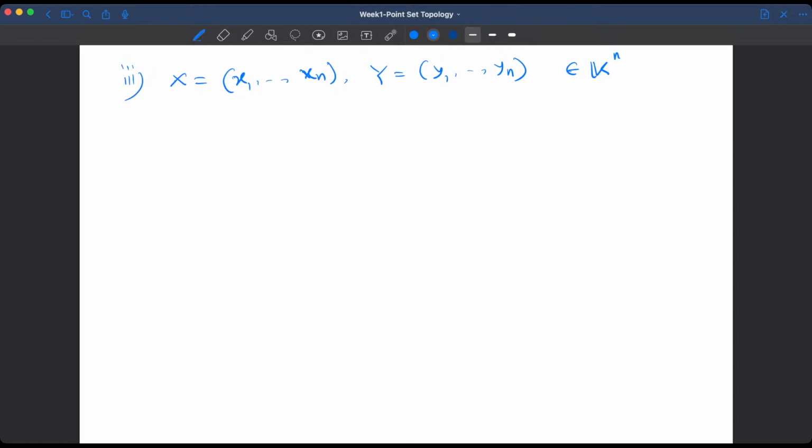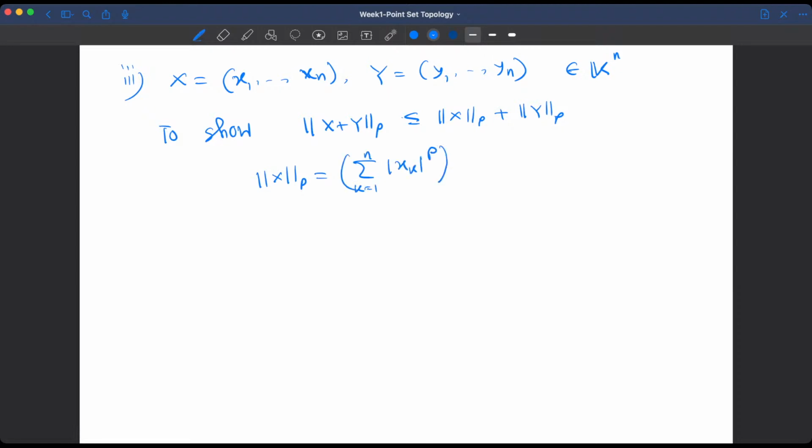So here we need to show that the p norm of x plus y is less than or equal to the sum of the norms of x and y, with sum over k equal to 1 to n of xk power p whole power 1 over p. This x plus y is just x1 plus y1, x2 plus y2, up to xn plus yn. So that we need to show.